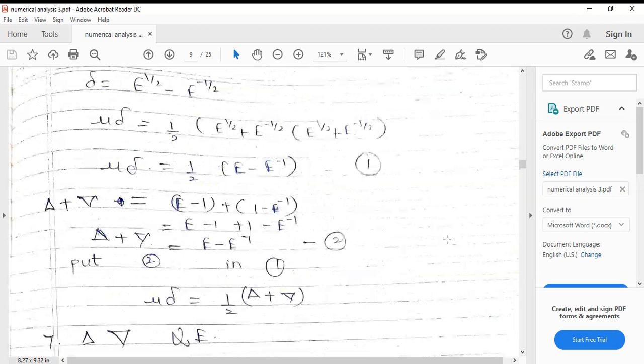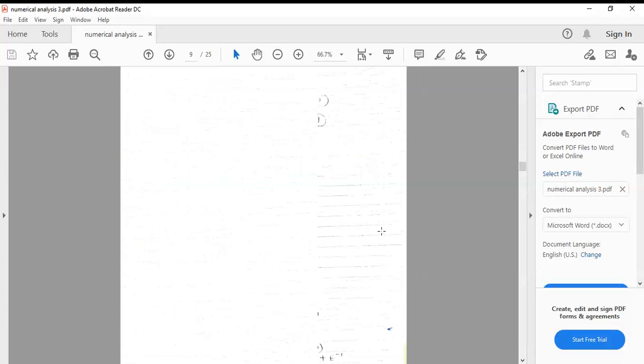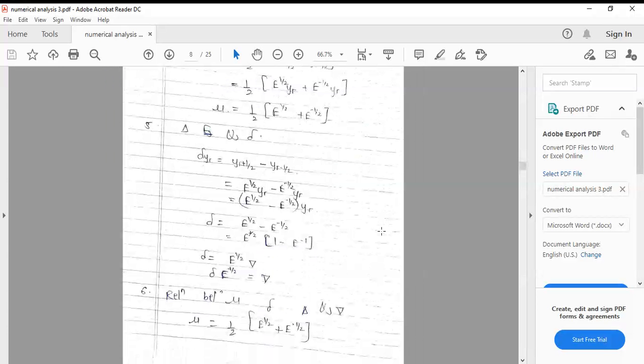Okay, so let me go for the first relation that we will see. Let us find out the relation between delta, that is the forward operator, the shift operator, and the central operator. For that we will start with the central operator, delta y_r, that is y_(r+1/2) minus y_(r-1/2). So now, whatever we are having as a plus quantity, you have to put to the power of E, that is E raised to half y_r minus E raised to minus half y_r.